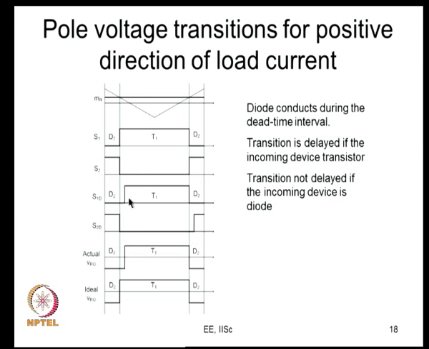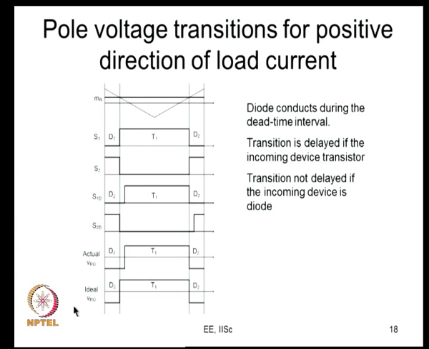So, when you shift it like this, and for this positive direction of load current in this carrier cycle, diode D2 was conducting, that is continuing from the previous carrier cycle, and diode D2 conducts all the way up to here, and from this instant to this instant transistor T1 conducts, and from this instant to that instant diode D2 conducts. That this comes later does not matter, the diode starts conducting here. Is it all right? So, this is what happens now.